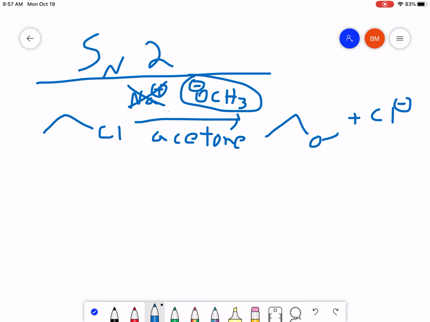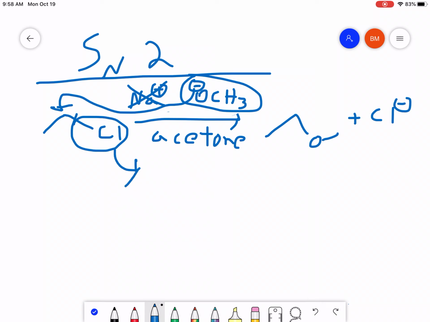If we're drawing the mechanism, we can see that if we have a negative O, that's going to be attracted to this carbon, right? Because that carbon has a partial positive since it's attached to an electronegative Cl. So the oxygen's going to attack that carbon. It's going to carry the CH3 with it, and simultaneously, Cl minus is going to act as a leaving group, and it's going to go away.